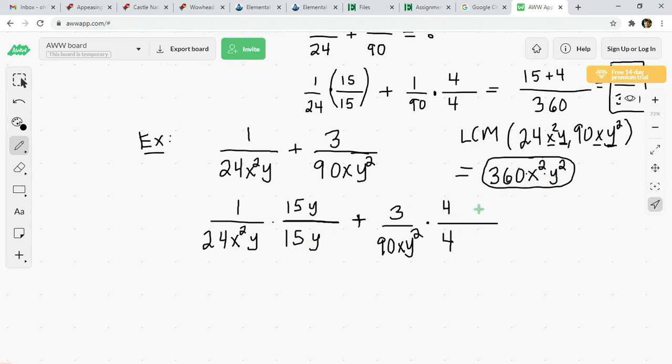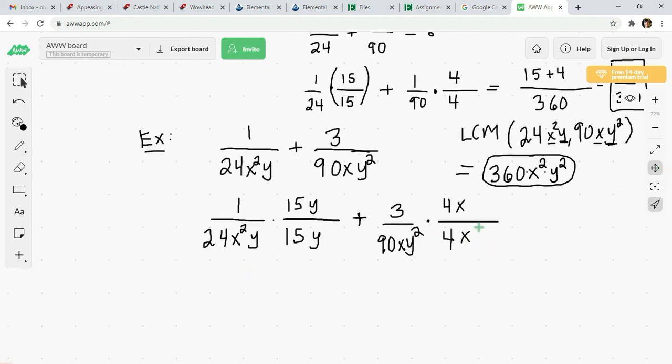Similarly, over here, we've got xy squared, but we need x squared y squared. So this x right here, in order to give us x squared, we need to multiply by another factor of x.